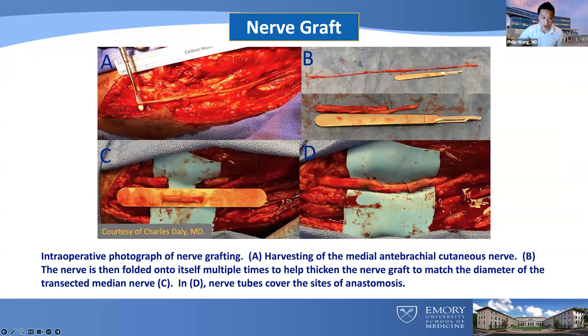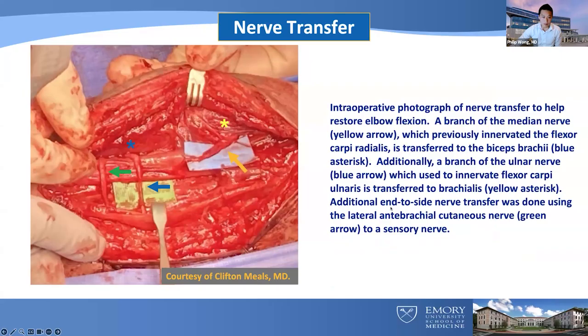And then we have nerve grafts. This is an example of someone harvesting the medial antebrachial cutaneous nerve, and then the nerve is folded upon itself multiple times to match the diameter of the nerve it's going into, which in this case was the transected median nerve here. They coapt them together and then put the nerve tubes around and cover the sites of anastomosis.